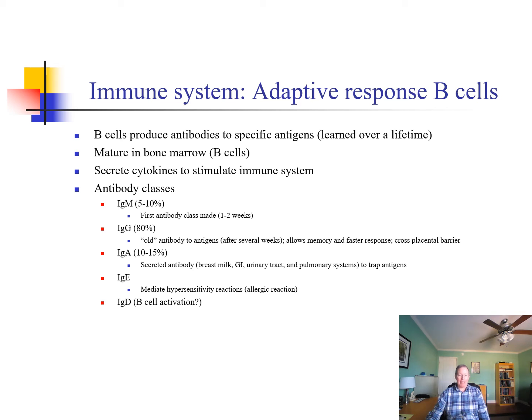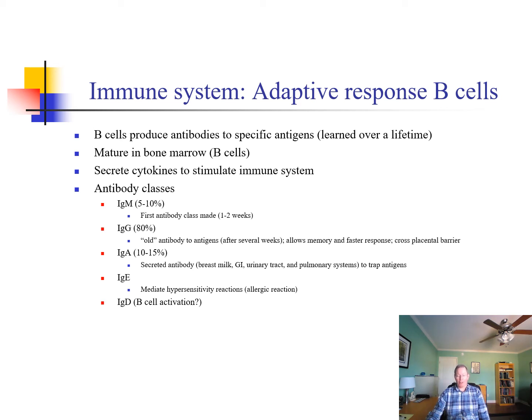By that I mean that when your body encounters some pathogen that it's seen before, you don't have to go through the IgM stage, which takes about a week or two to ramp up the response. Instead, the IgG can ramp up very rapidly, and it allows for a much faster response once you have primed that system. IgG are also antibodies that can cross the placental barrier, so they can be transmitted from mom to the fetus and afford some protection.